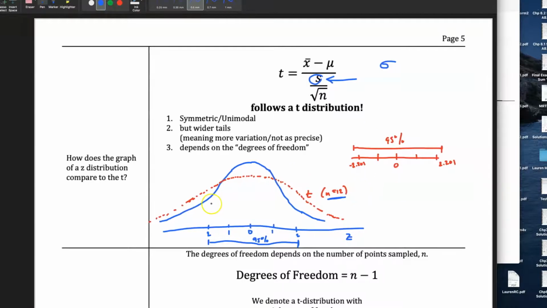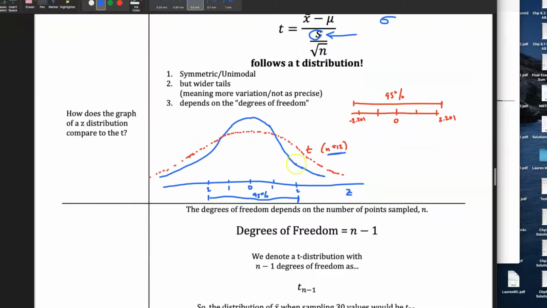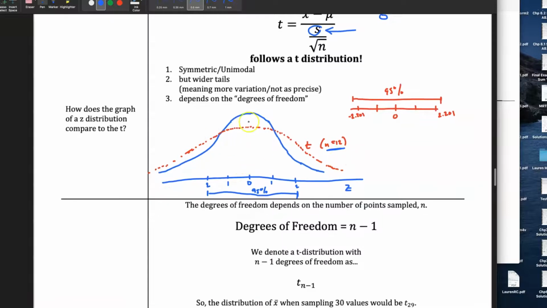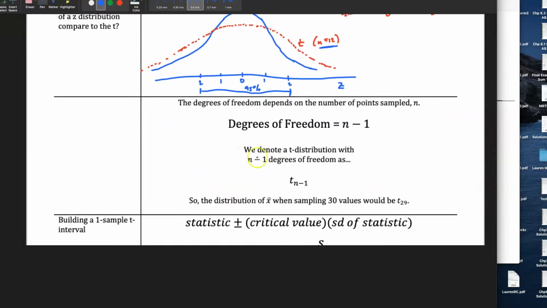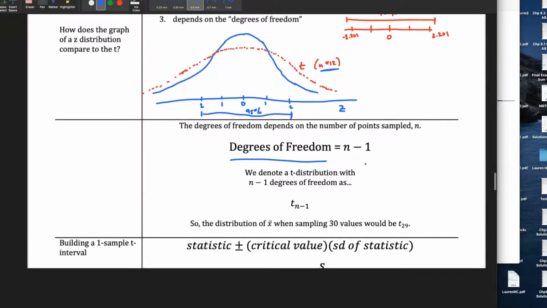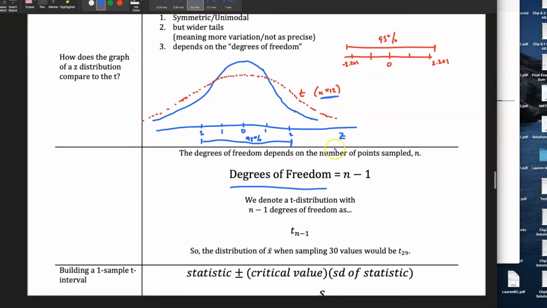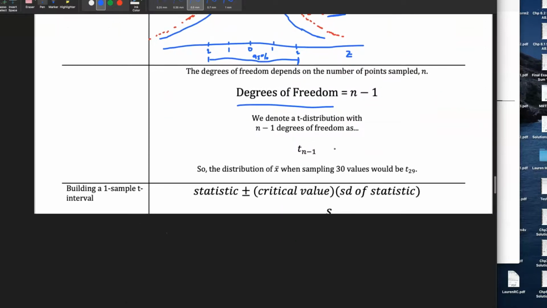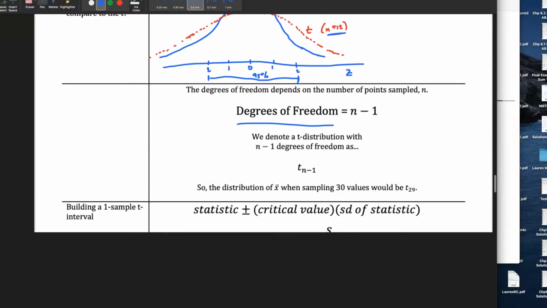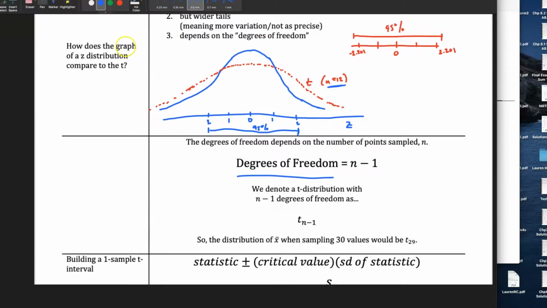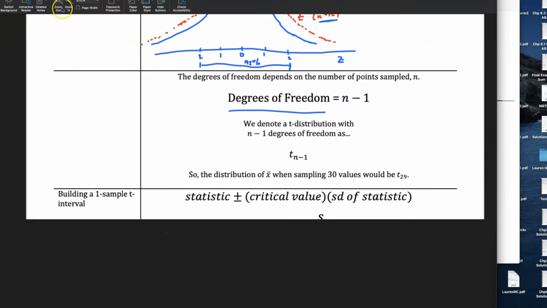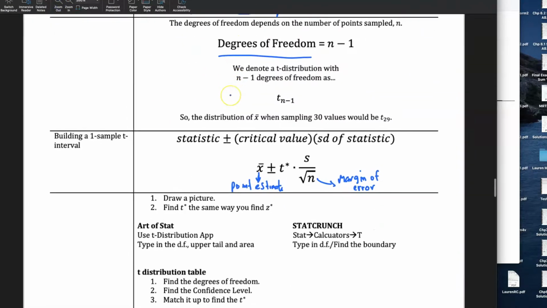The t-distributions change depending upon your sample size. They grow differently, and so that has us introduce a new term called degrees of freedom, because that's what we use to help determine the t-distribution or the t-critical values.